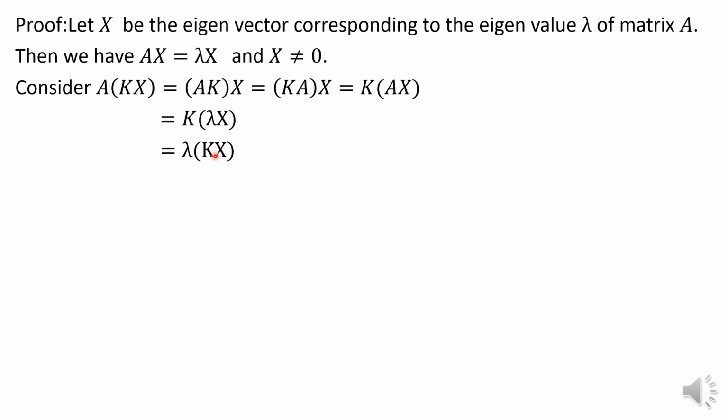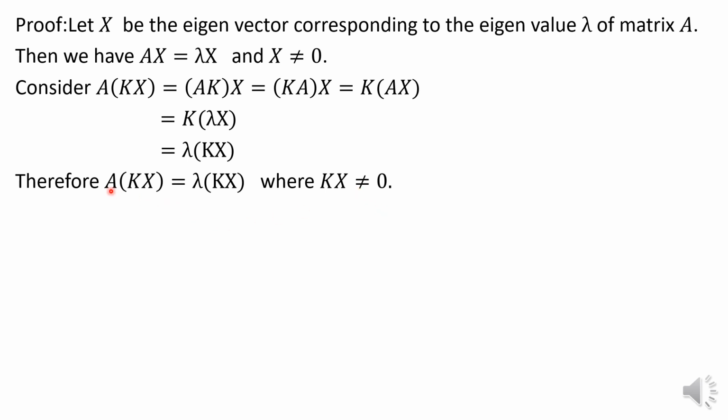Now you see, in the LHS we have A into kx, and in the RHS we have lambda into kx. Note that k is a non-zero scalar and x is non-zero, so the product kx is also non-zero, since the product of two non-zero quantities is non-zero.